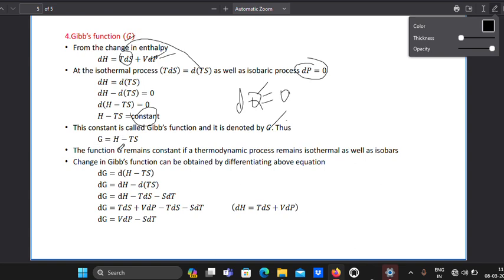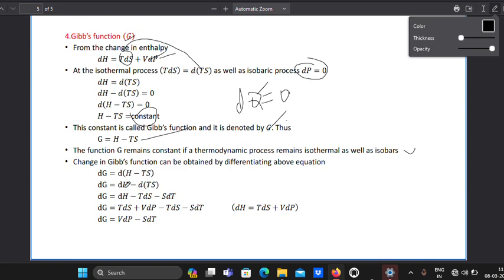For this, what we have to do, we have to simply differentiate on either side. This function G remains constant if the thermodynamic process remains isothermal as well as isobaric. Isobaric means pressure constant. Change in Gibbs function can be obtained by differentiating our equation. So dG is equal to d of this one and multiply d inside.